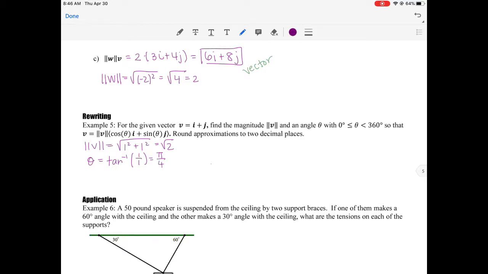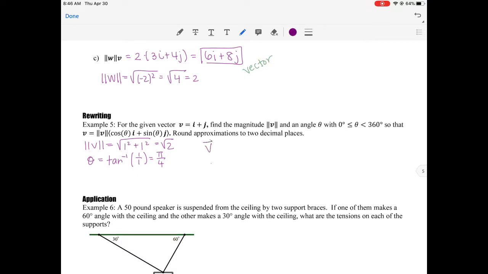So they're saying, hey, our vector v can be rewritten as the square root of 2 times cosine of pi fourths i plus sine of pi fourths j. So square root of 2. And then in this case, this is going to be square root of 2 over 2 i plus square root of 2 over 2 j.